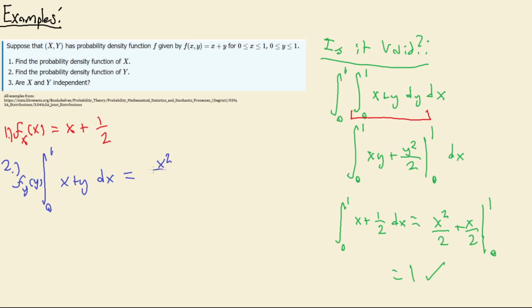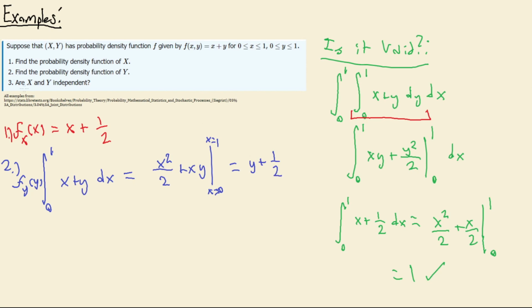We get x squared over 2 plus xy, evaluated from x equal to 0 to 1. You should be careful in notating this. Sometimes I skip it here, but always remember which variable you're talking about. Here we have 1/2 plus y, and so this is just y plus 1/2. So it's almost exactly the same as the one for x.